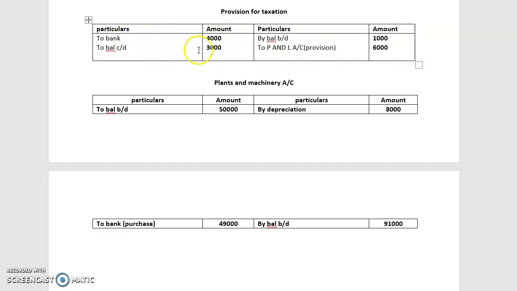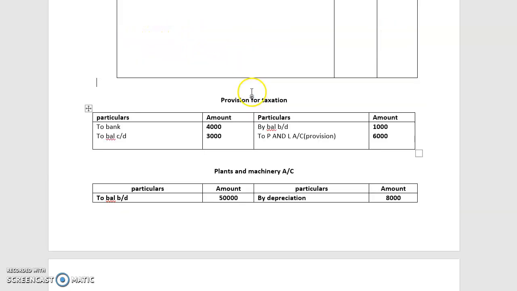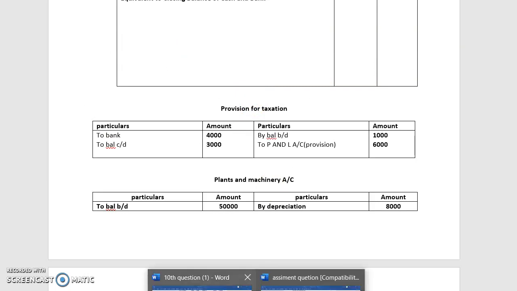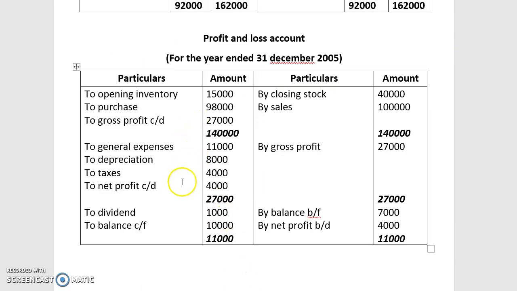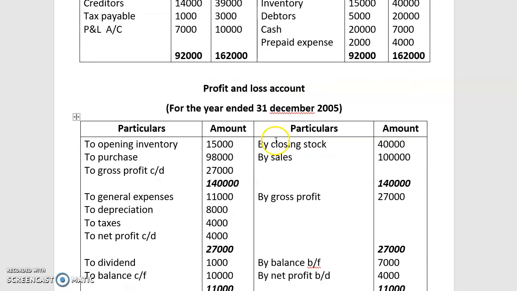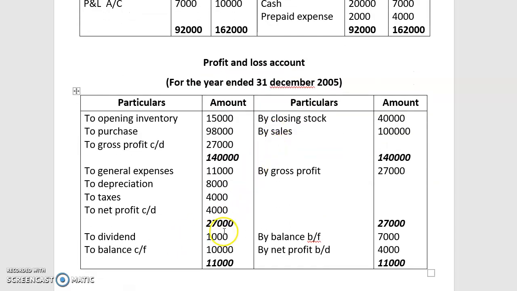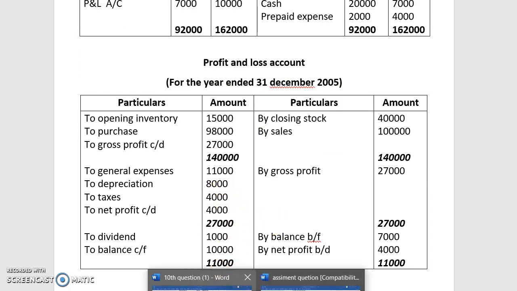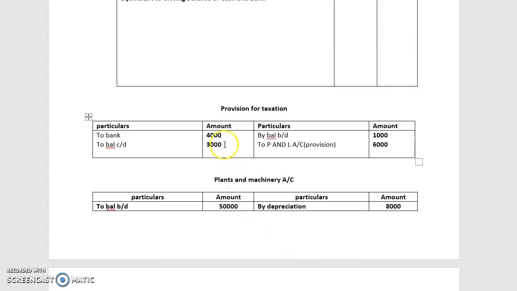Then to bank, which is the tax payable, given in this problem. Taxes 4,000. You can see this 4,000. Then take that to bank, and you will get a total of 7,000. Put this on the other side, and you will get 6,000 as the balancing figure.